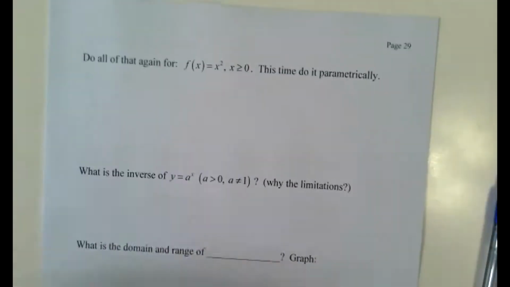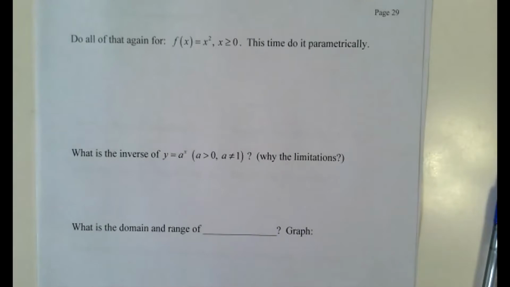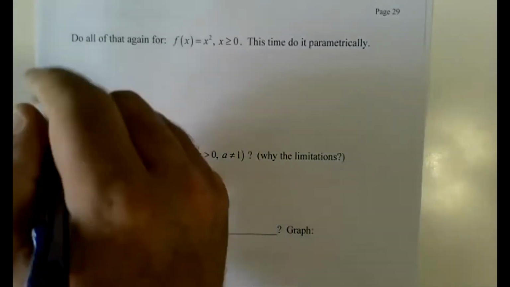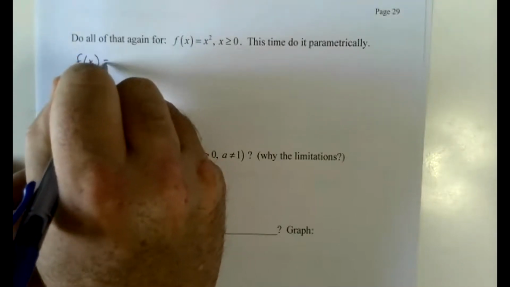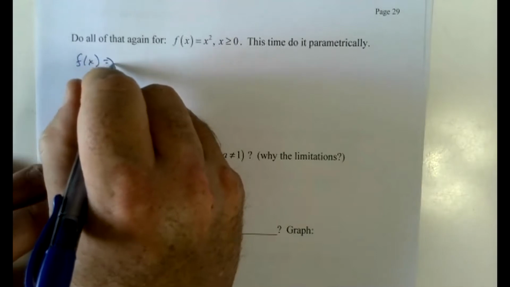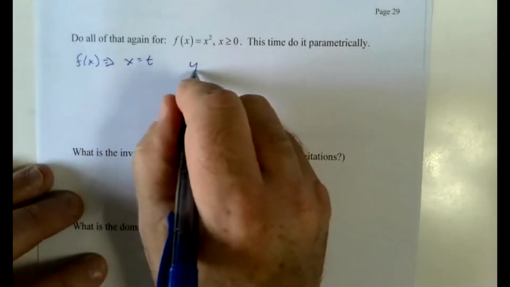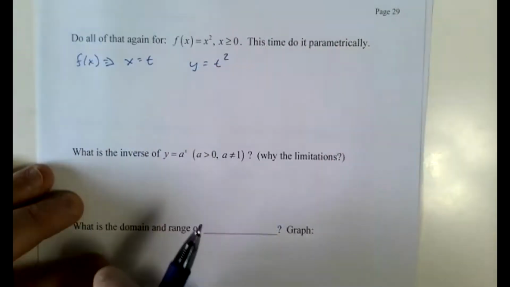Onwards. So you do it again. This time do it parametrically. No, I don't know what that means either, so thank God I have notes. f of x equals, let's do an arrow, x equals t, therefore y equals t squared.